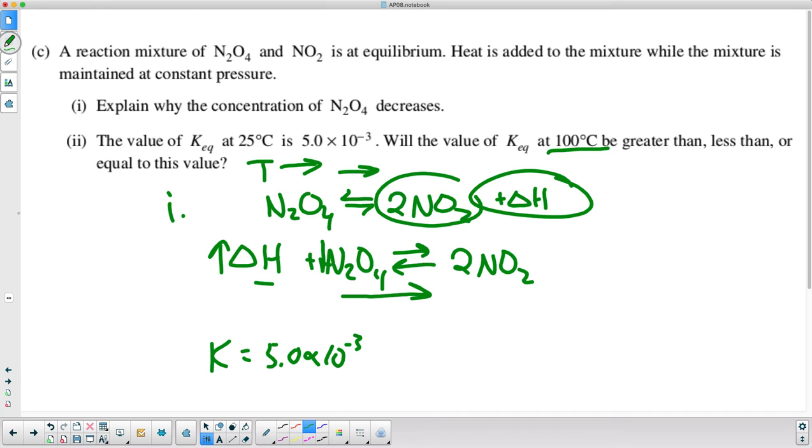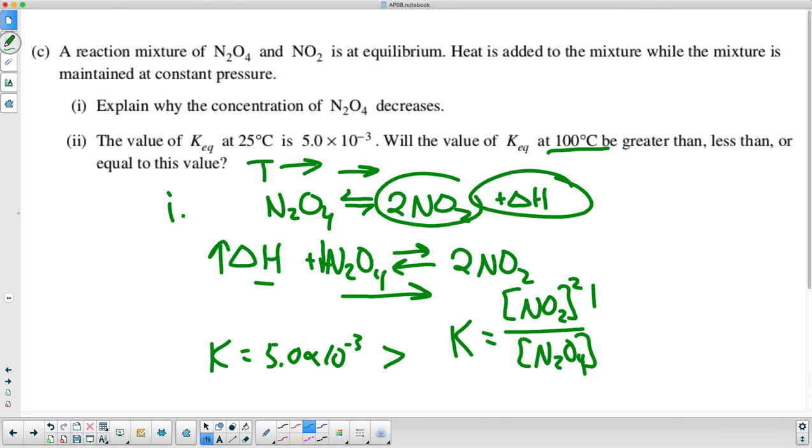More product means that we're going to increase the K value. If you remember, the K value for this would be NO2 concentration squared over N2O4 concentration, and if the top increases, then the whole fraction increases, which means that the K will increase.